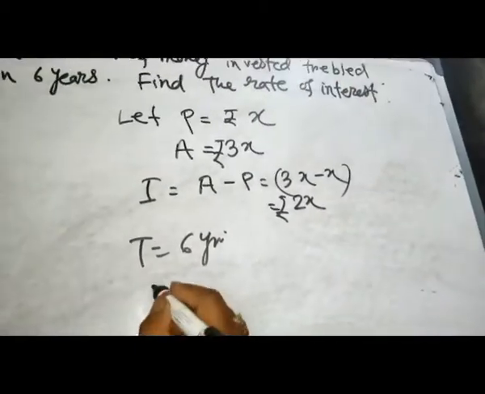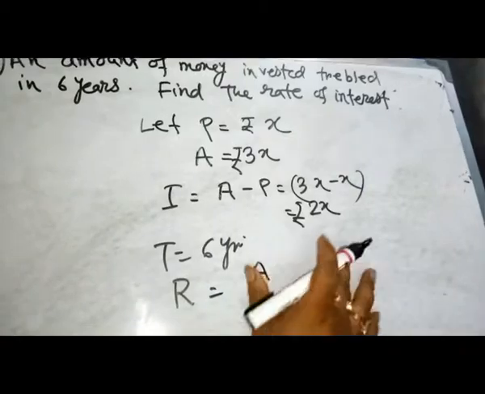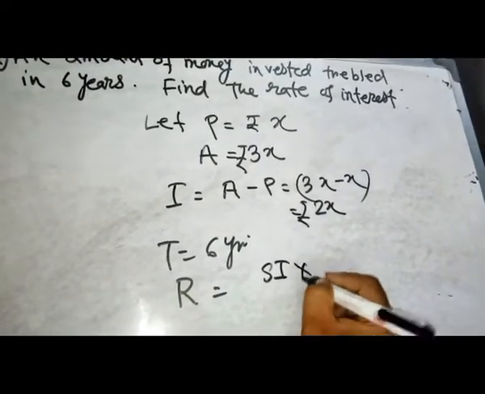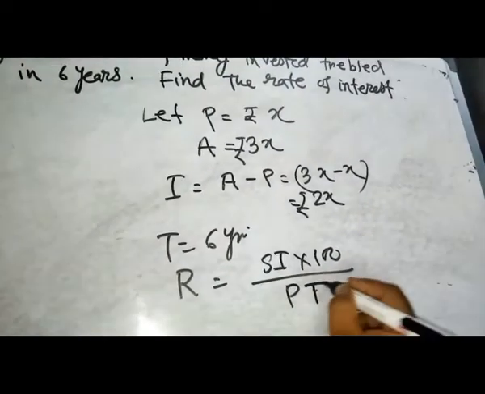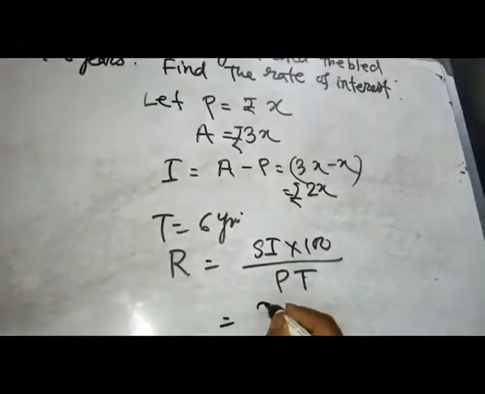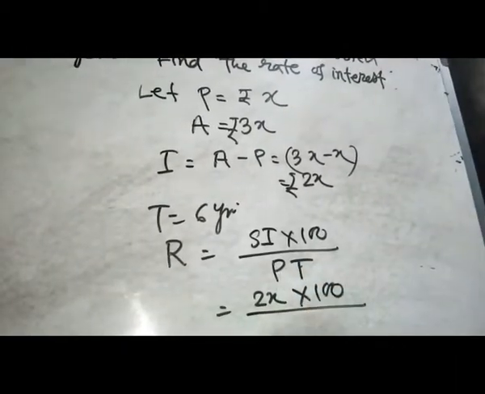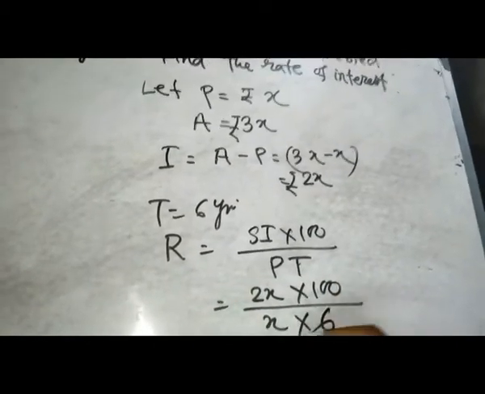So which formula is there regarding the rate? Rate equals SI into 100 by P into T. Then SI equals how much? SI equals 2X into 100. P equals how much? The principal was X. Time equals 6.